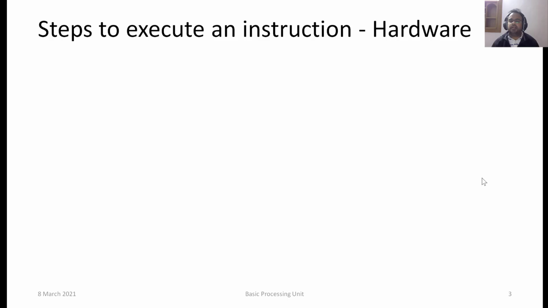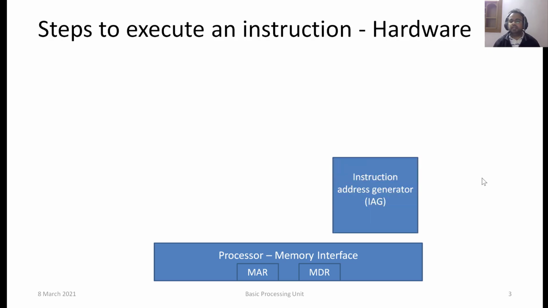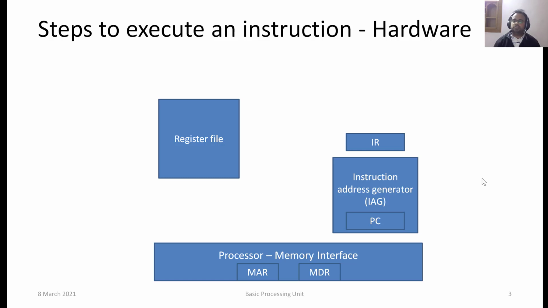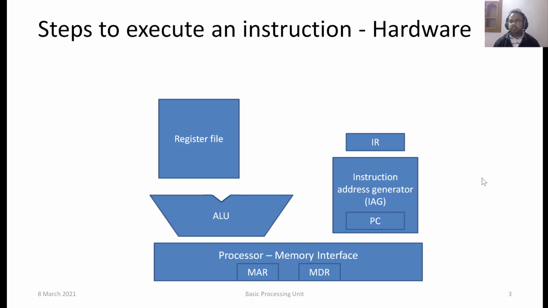If you look at the hardware that is involved, this is where I left off in the last lecture. We have the processor memory interface with the memory address register and memory data register. Along with that, we have something called the instruction address generator, which would give us the PC. Along with it, we have the instruction register that has the machine code of the instruction itself, and we have the register file which has all the registers, and we have the ALU itself.